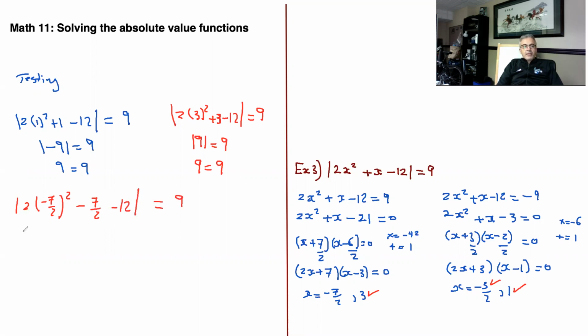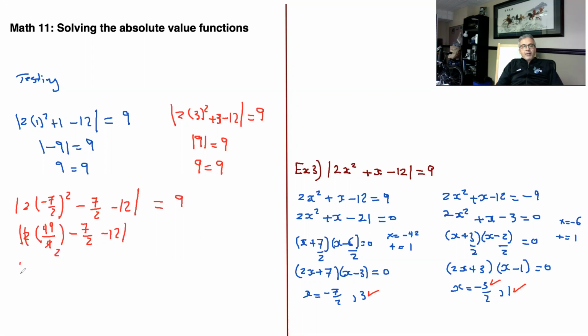So that is 2 times, when you're squaring a fraction, square the top and the bottom, so 49 over 4 minus 7 halves minus 12 absolute value. Now you reduce the 2 with the 4, and the 4 becomes 2.